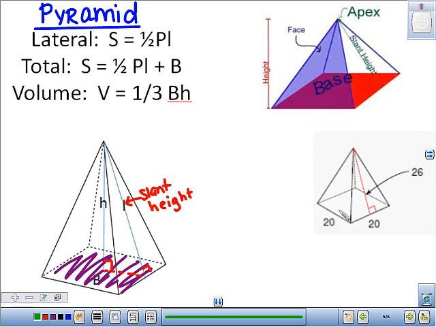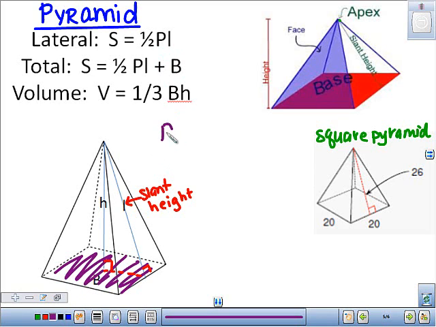So let's try this example. This example gives us 20 by 20, so that's telling us that this is a square pyramid. So the base is a square, so when we go to look for capital P and capital B, we're talking about perimeter of the base that's a square and area of the base that's a square. So I'm going to go ahead and find those first.